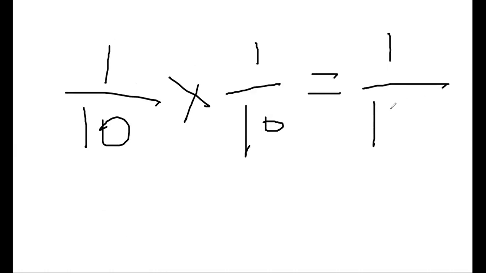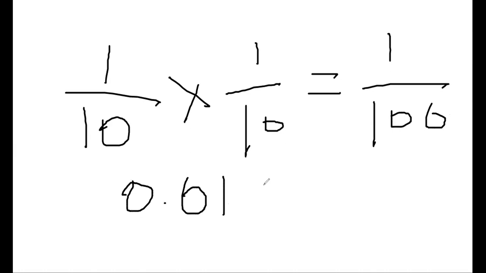The system we are talking about here is working based on 1/10 times 1/10. 1 times 1 is what? 1. 10 times 10 is what? 100. 1/100 is what? 0.01. So, just like I said, for the previous one we used the fourth value from the decimals, we are now going to talk about the second value from the decimals.